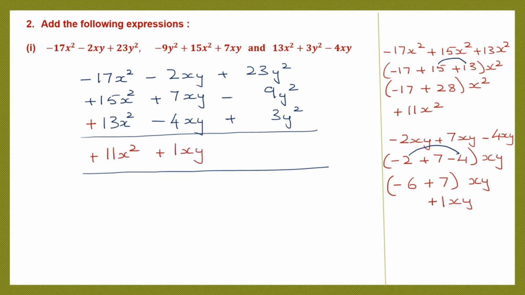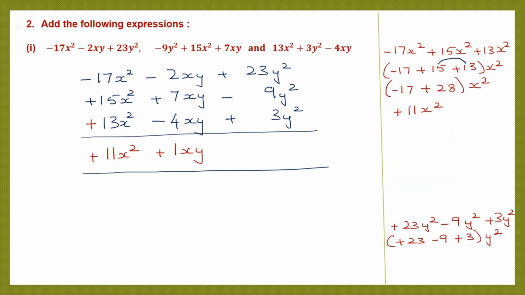Now let's go on to the last one. Plus 23y square minus 9y square plus 3y square. Plus 23 minus 9 plus 3y square. So now let's add up the numbers with the same sign. Plus 23 plus 3. Let's add it up. 3 plus 3 is 6. 26. So plus 26 I have here.